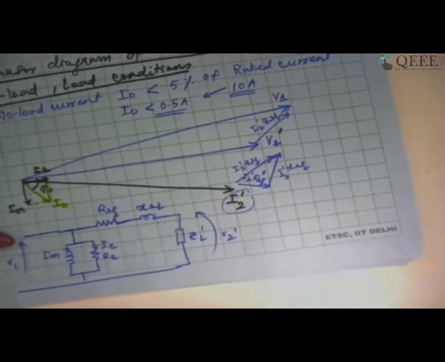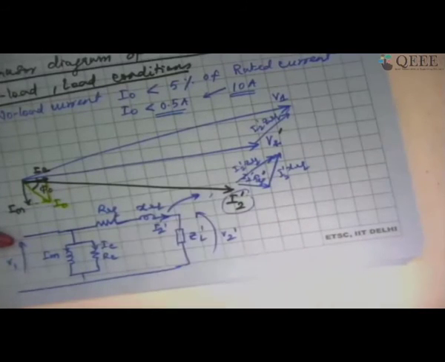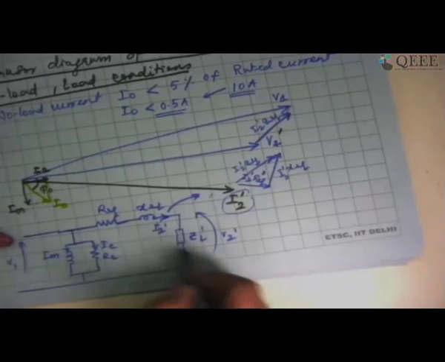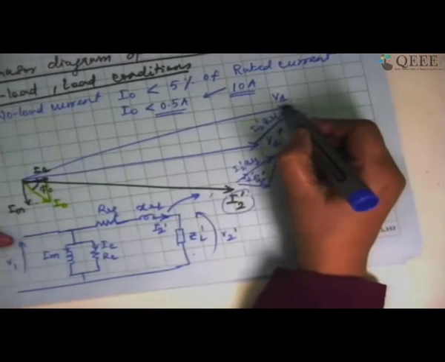If you may recall, this is my I2 dash, which is specified by this black color vector. Now, whatever is the drop that has taken place in R equivalent and X equivalent, that is specified by this. Now, when I add this to V2 dash, I am saying that I am getting V1.